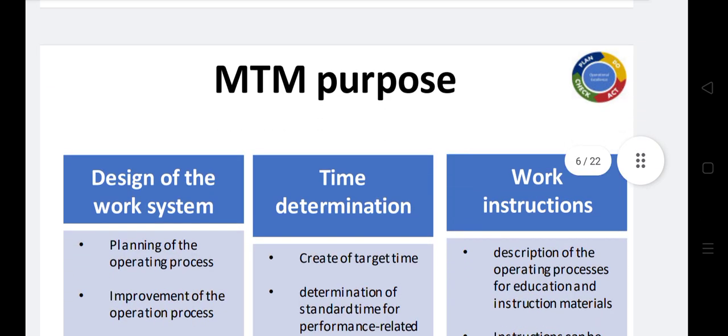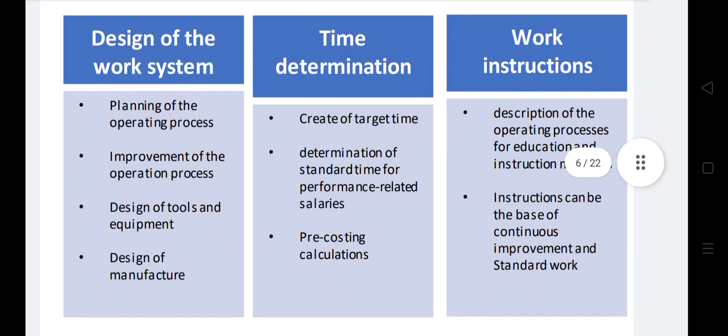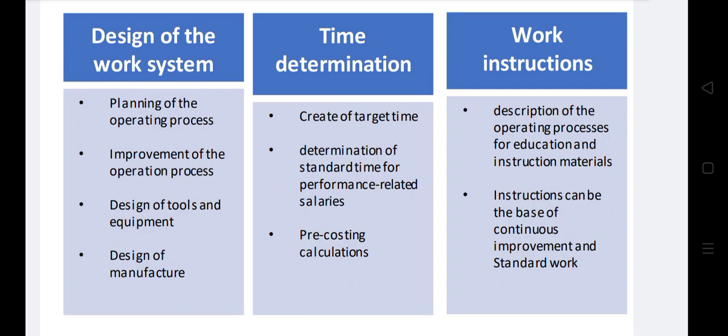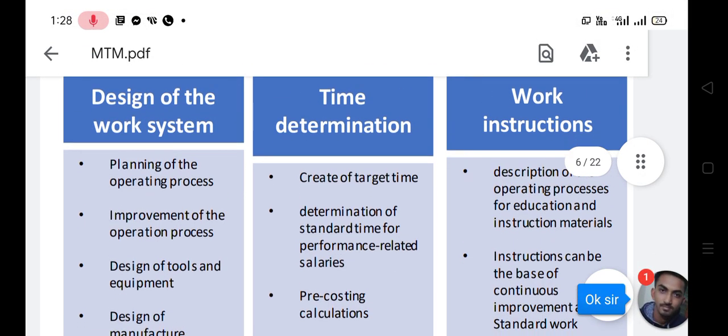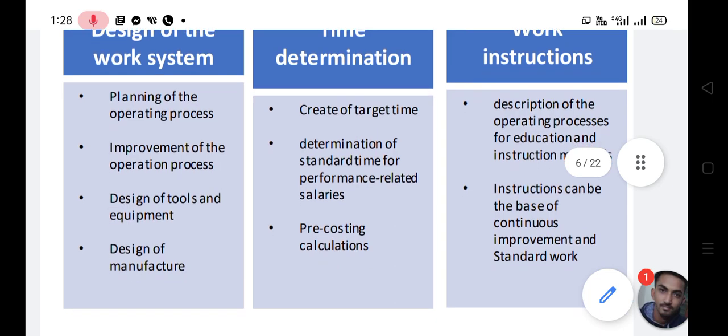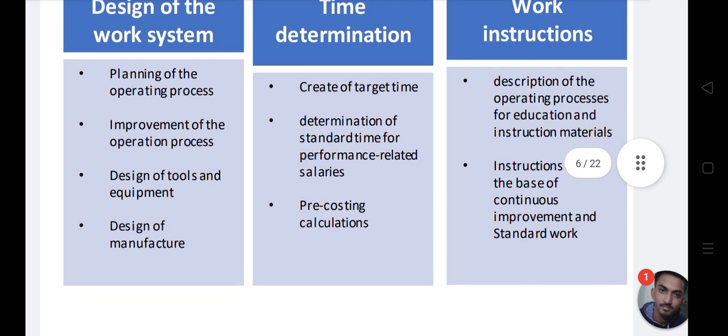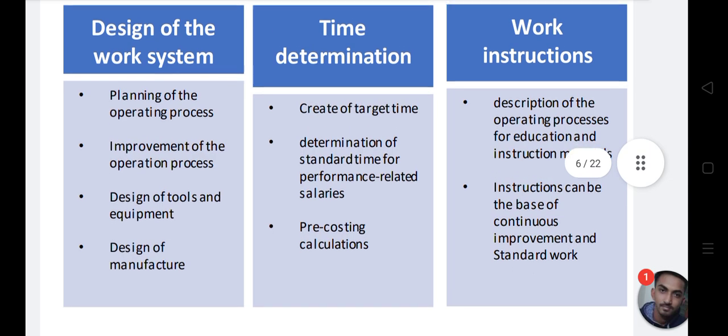MTM purpose. Three purposes of MTM: design of the work system, time determination, work instruction. So firstly, design of the work system: planning of the operating process, improvement of the operating process, design of tool and equipment, design of manufacture.